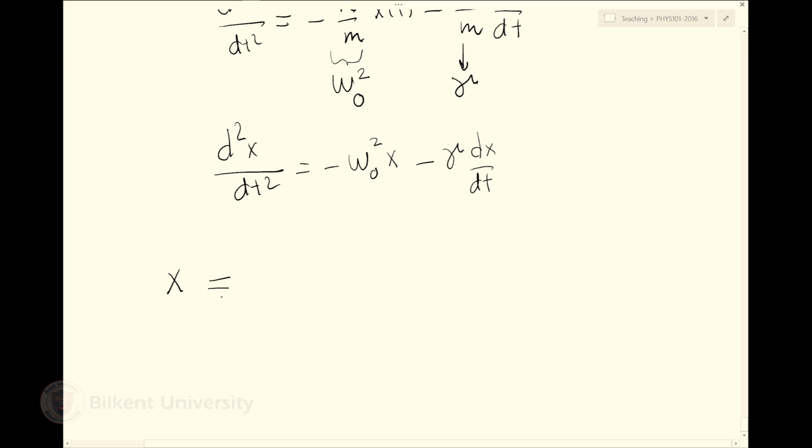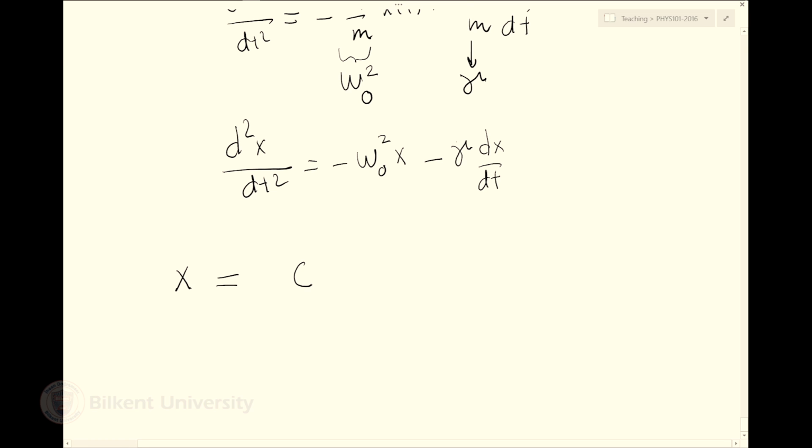What kind of function do we expect? If b is equal to 0, if gamma is equal to 0, we expect something like cosine omega t, okay? But if I just leave cosine omega t, it's actually going to oscillate forever.